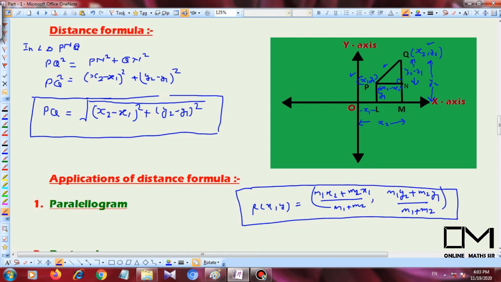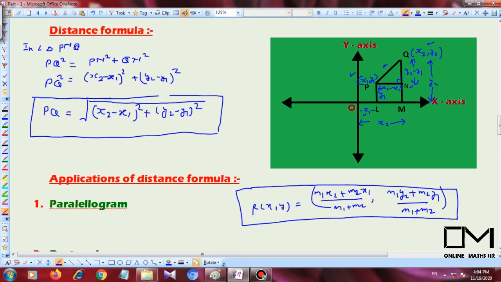To find the distance PQ, we draw a perpendicular from P on the line QM which falls on N. The distance from the origin to L is x1 because the coordinates of P are x1 and y1, and the coordinates of Q are x2 and y2.